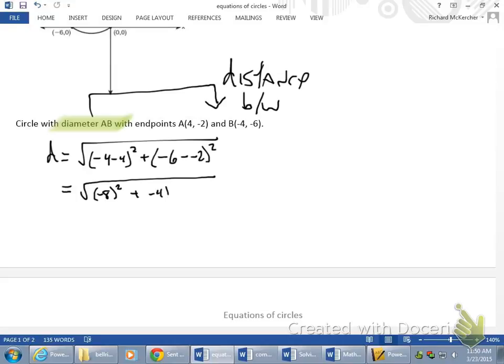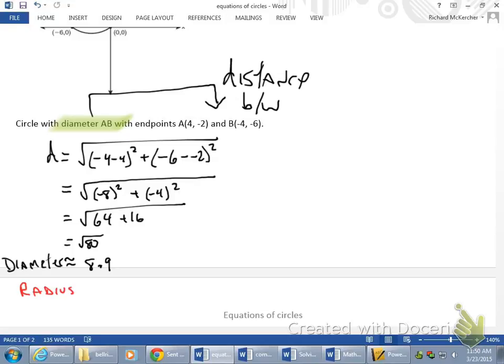Now the distance formula, here we go. This is old Math 1 work here. We just have to memorize it and know what it is. Alright, so run through your distance formula. It's x2 minus x1, y2 minus y1. But anyways, I found out that the distance, or the diameter, has to be about 8.9. Well, if that's the diameter, then of course the radius is half of that.